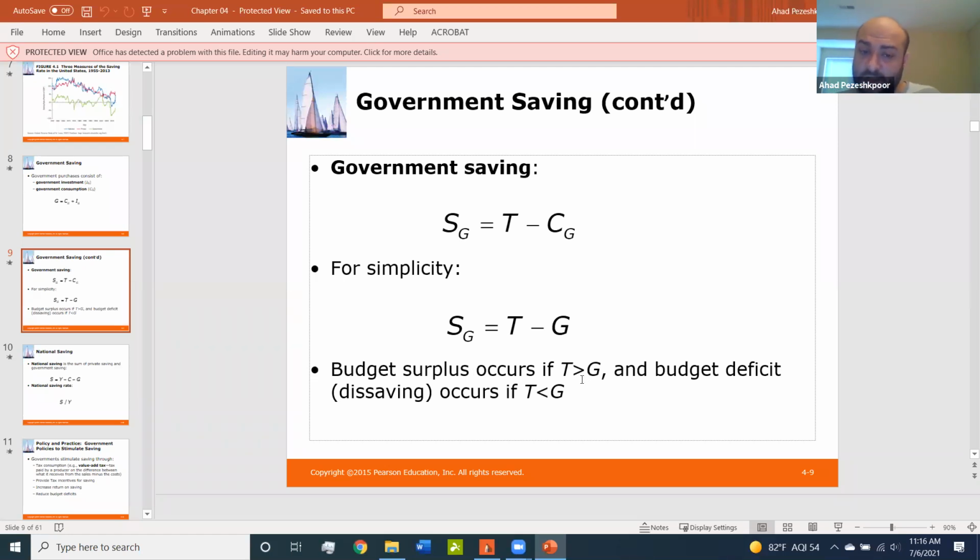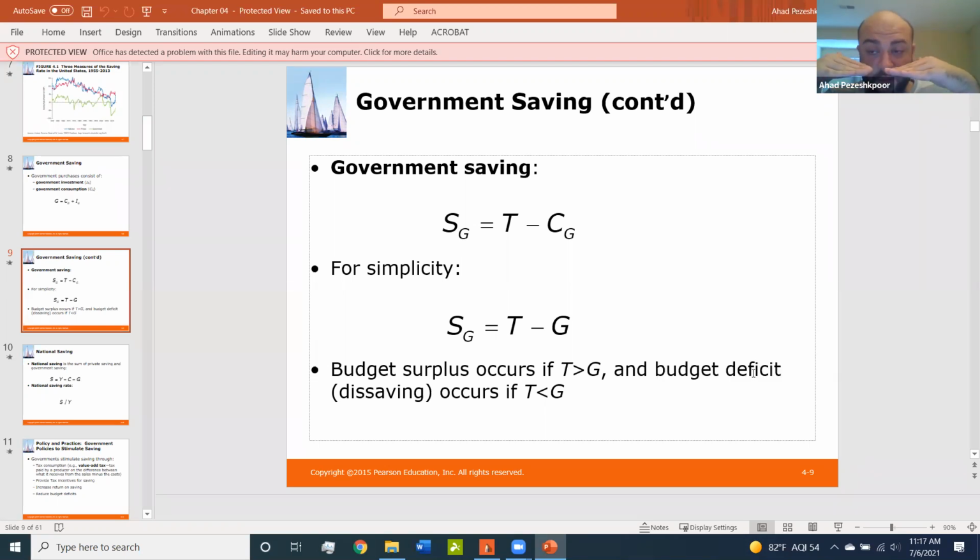So budget surplus, sometimes it's very good, sometimes it's very bad. Budget deficit, it's always bad, but sometimes it's not as bad as budget surplus. Budget deficit shouldn't exist. A budget should be always balanced.